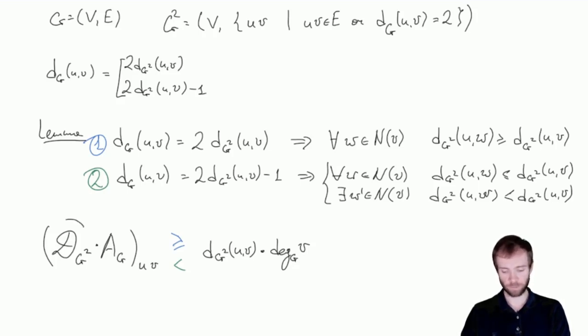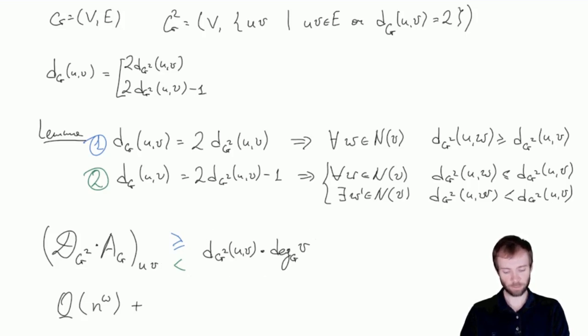Assuming that we already have this matrix, and we definitely have this matrix, to compute the distances between all pairs u and v we first need to perform the multiplication of matrices, which we can do in time big O of n to the power of omega. We also need to compare each entry to this product.